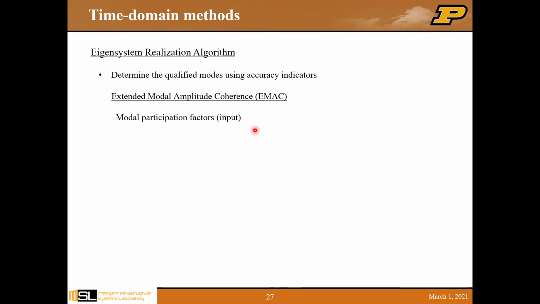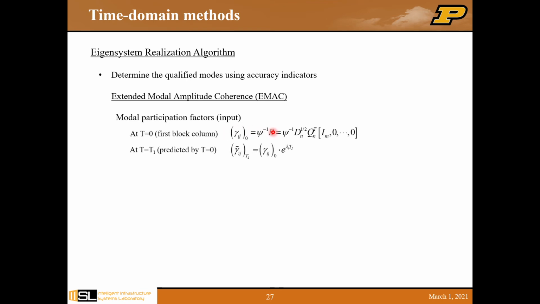Similarly, we can do the same analysis for the modal participation factors corresponding to the inputs. We can obtain the gamma ij0 corresponding to the first block column, which is equal to psi inverse times b, and then we can predict gamma ij at t equal to ti by multiplying gamma ij0 times e to the lambda i ti.